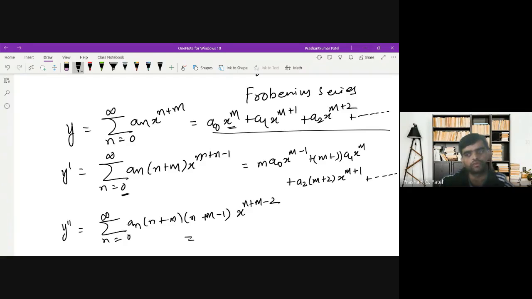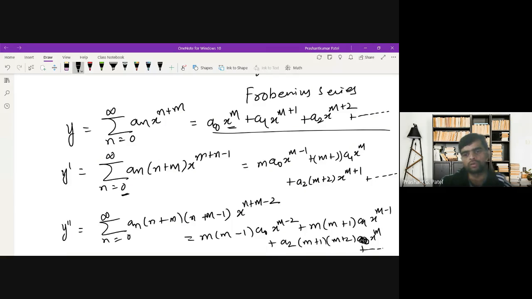If we expand this, it is m(m minus 1) a0 x to the power m minus 2 plus m(m plus 1) a1 x to the power m minus 1 plus (m plus 1)(m plus 2) a2 x raised to m, and so on. So in that manner you will have the first derivative and the second derivative.